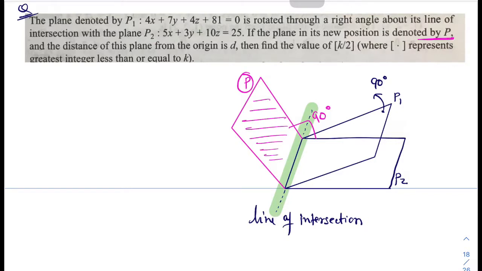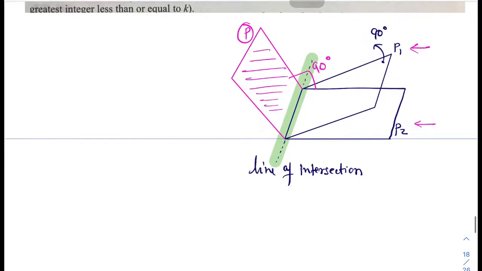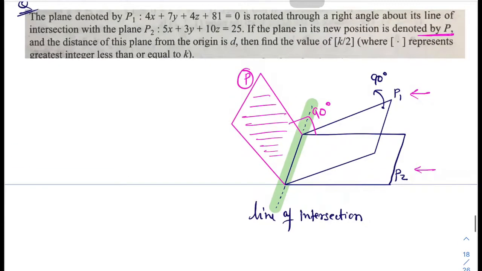So how do we write the equation of plane P? You can easily visualize that plane P is passing through the line of intersection of plane P1 and plane P2. So I can write the equation of P as P1 plus lambda P2 equal to 0.